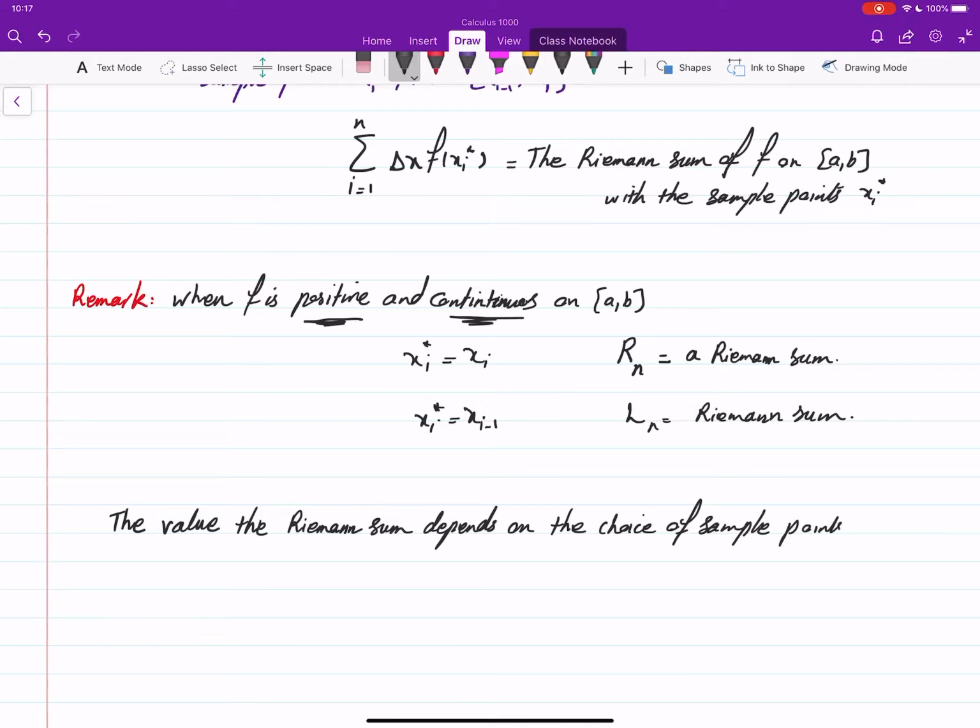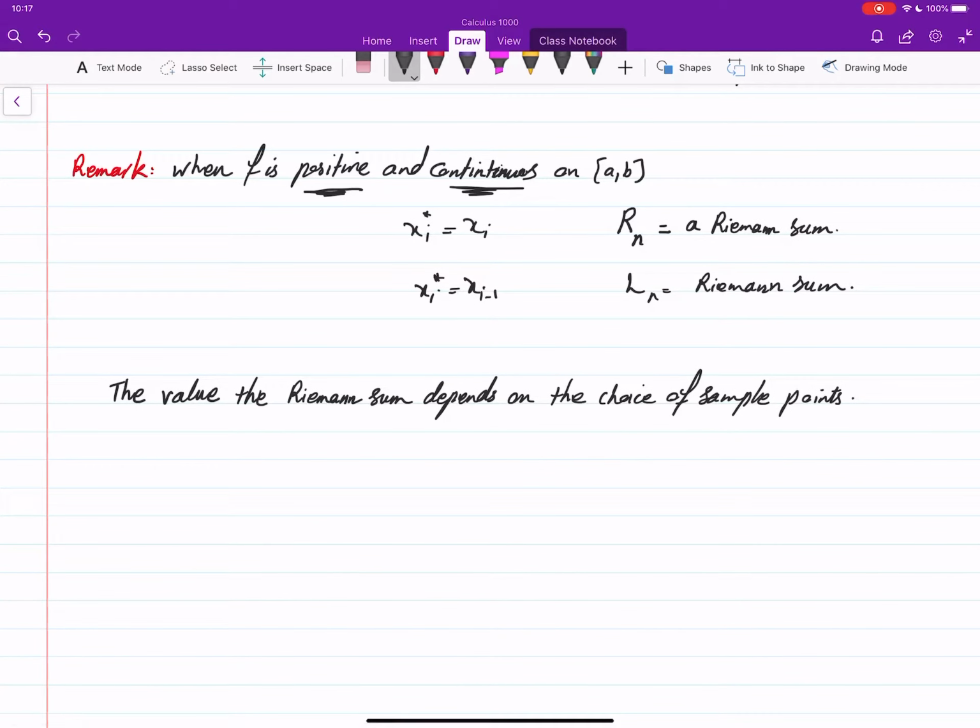So it's not going to give you one specific value, but if you find the limit of this, this is where the new definition comes in.